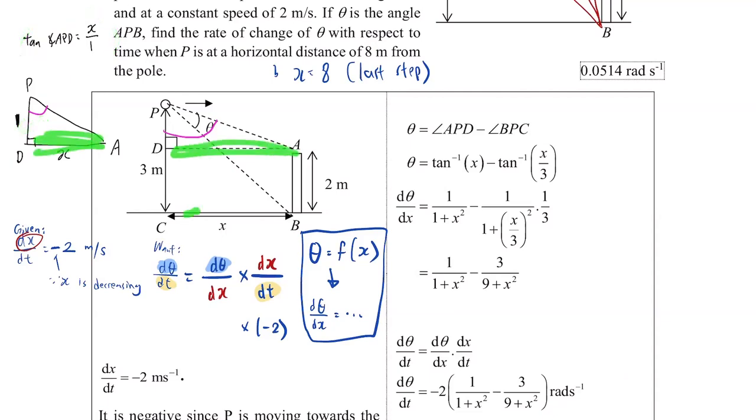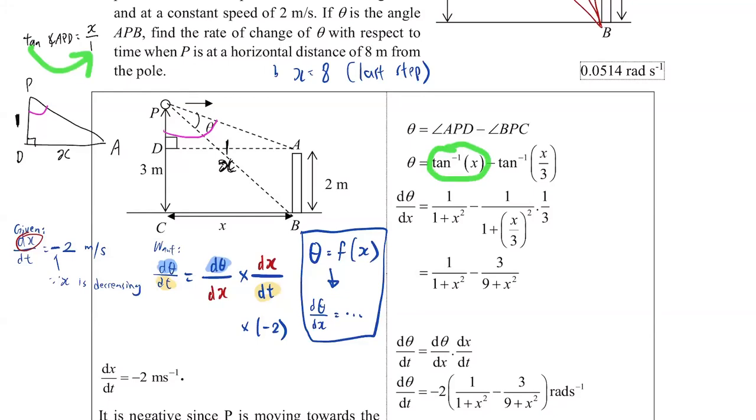Now this length AD and CB is a rectangle. That's why it's equal. Is that the part you're confused by? Why it's also x? I mean, this is also equal to x. Clear now? Okay, good. Then after that, you can just make angle APD the subject by taking tangent inverse. Okay, that's how they get tangent inverse x here.